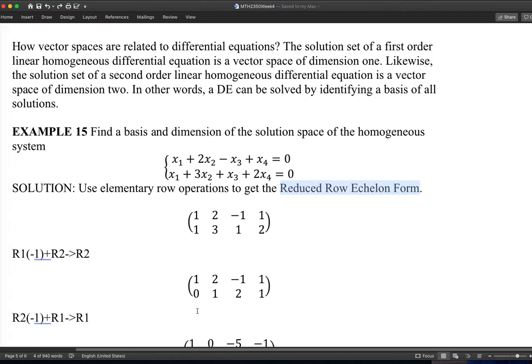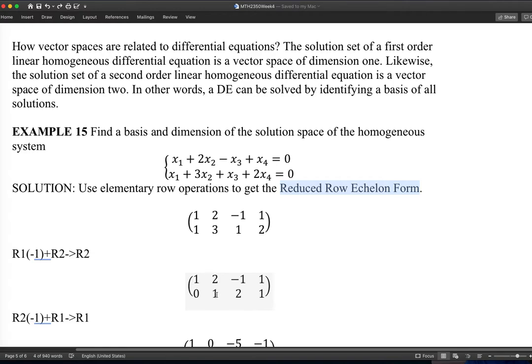After the first round of manipulation, I got another very nice result. The 3 is converted into 1 already, so this should be considered the next pivot, and it is further to the right compared to the first one.